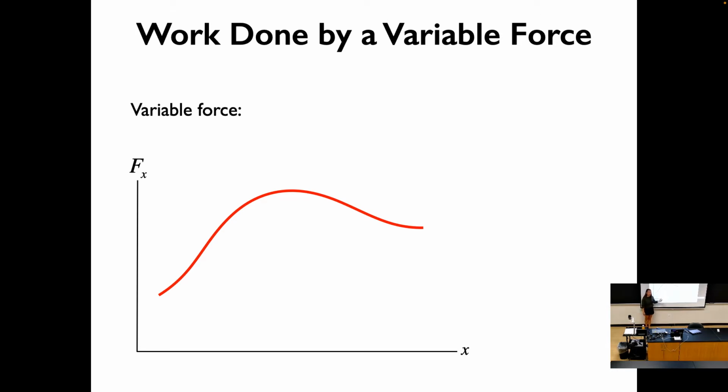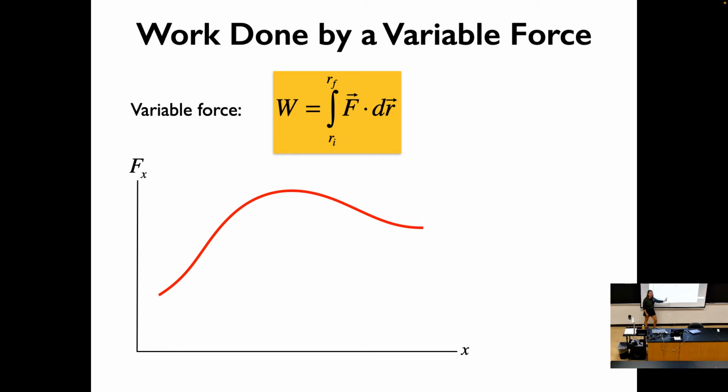So since work is force times displacement, we can rewrite work, and is this force constant? No, right? We can rewrite work as an integral. That means at each point, you take the dot product of force and the position, but then you have to add them all up. And what does that mean if you're actually looking at this? Let's say we want to know the work done from one position to another.